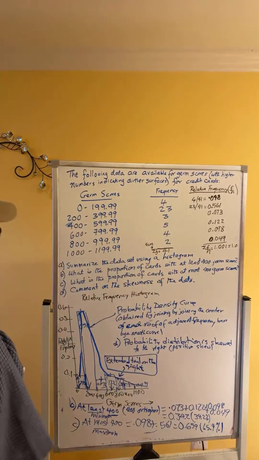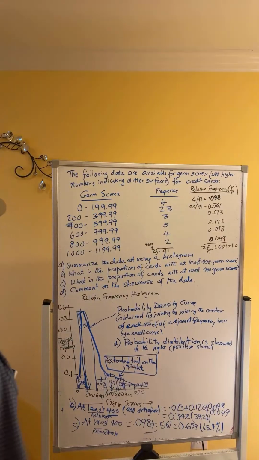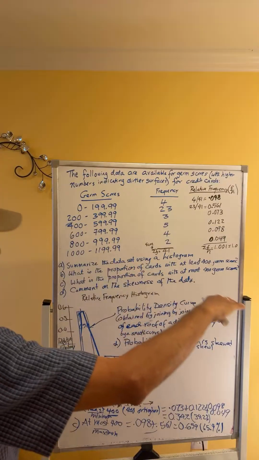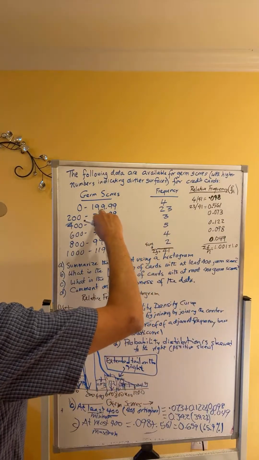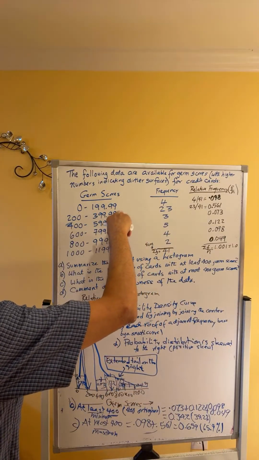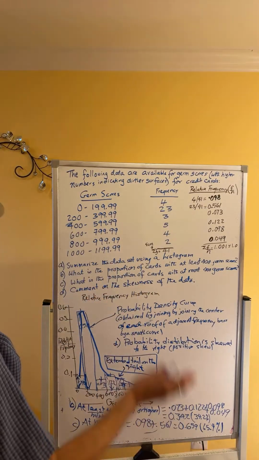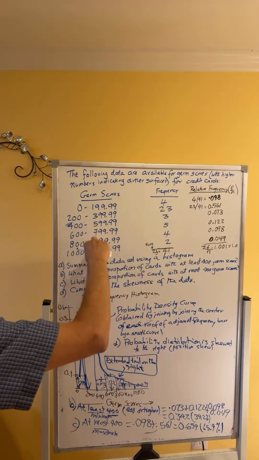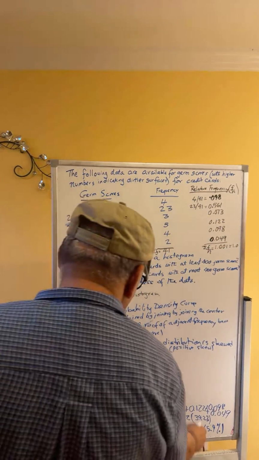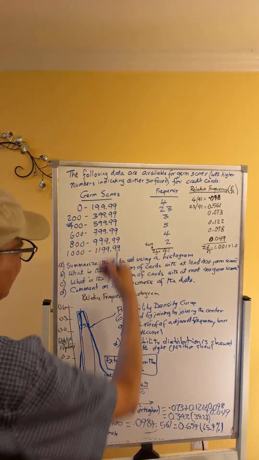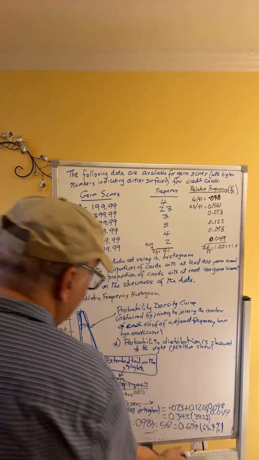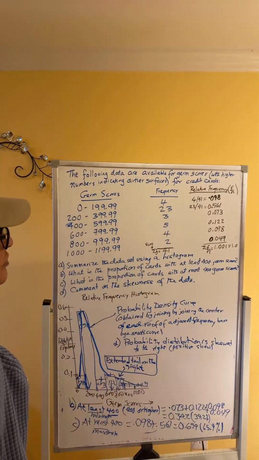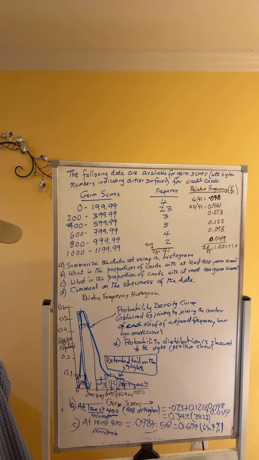So what does it mean? 65.9% of the credit cards have at most 400 germ score. At most 400 means up to 400. So you add the first 2 classes. At least 400 means the lowest value is 400. So you add the last 4 classes. Notice if you add these, at least 400, 400 and above, and at most 400, 34.2 plus 65.9 is the entire table, or 100% of the data.